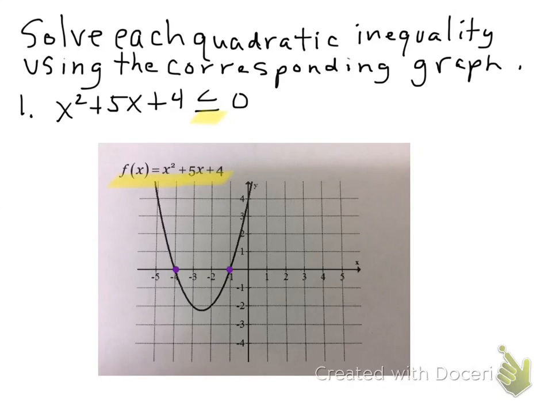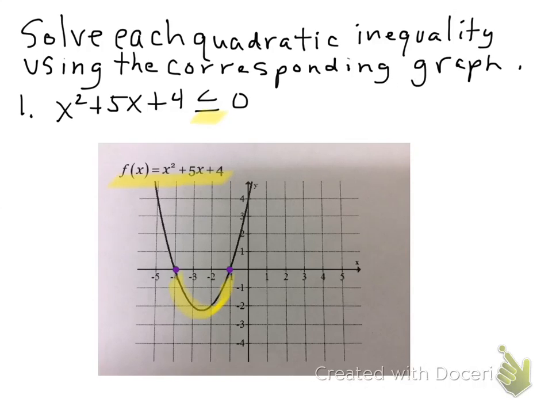Next, we want to consider which values of x cause this expression to be less than 0. We're going to be less than 0 wherever the graph goes below the x-axis, because the function values, or the y values, are going to be negative. Another way to say it is x squared plus 5x plus 4 will have a negative value when x goes from negative 4 to negative 1.